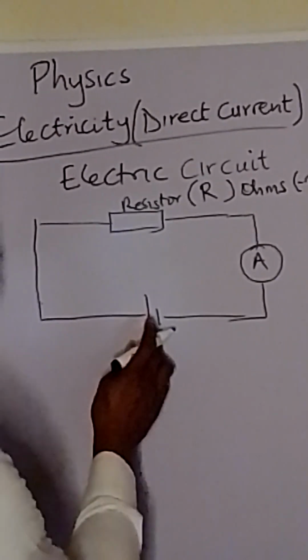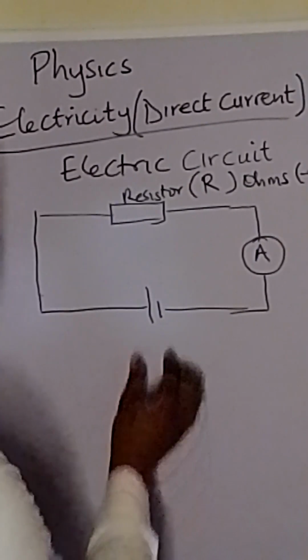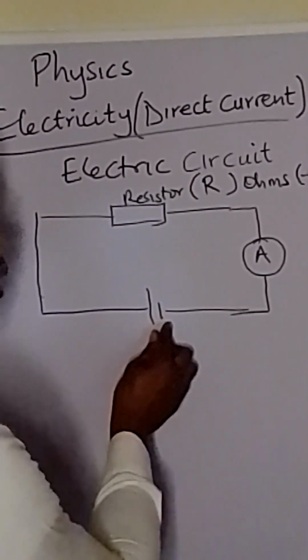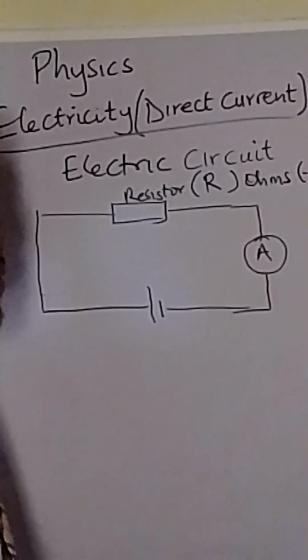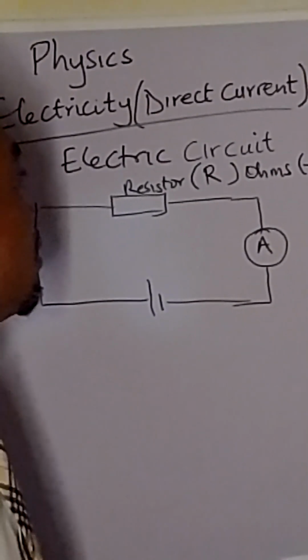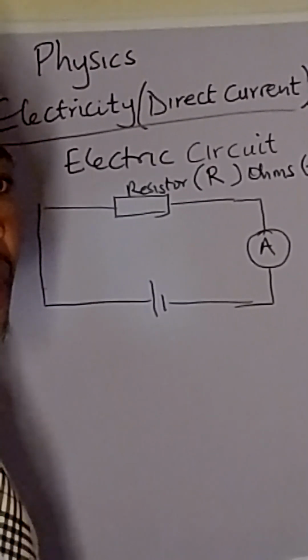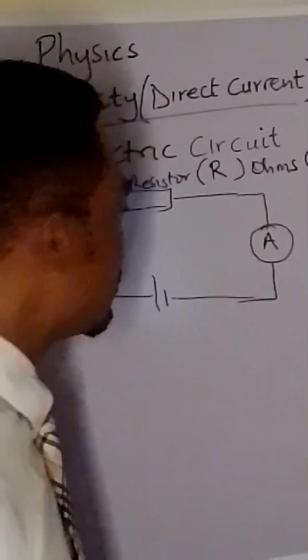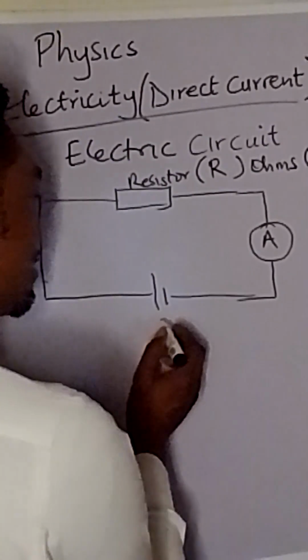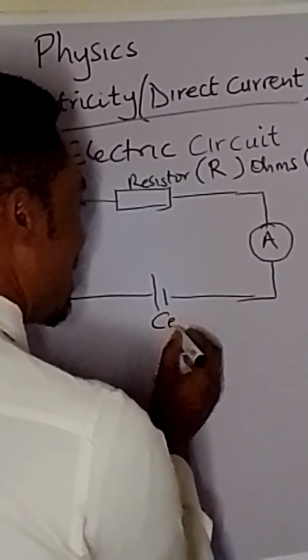And this symbol denotes the cell. This denotes the two terminals of the cell, positive and negative. So this is how an electric circuit is. This one is the cell.